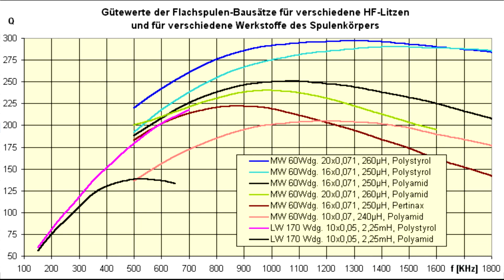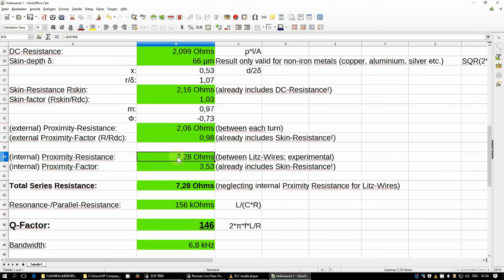But the people who made these extremely high values of Q factor usually do not take into account the internal proximity effect in the Litz wire, and so I think we're quite near to the true values we get in reality.